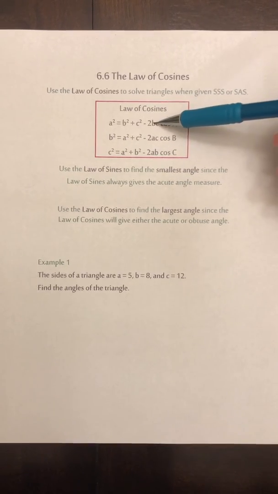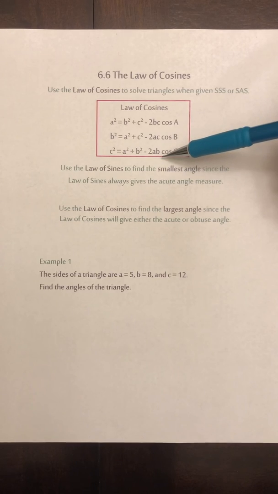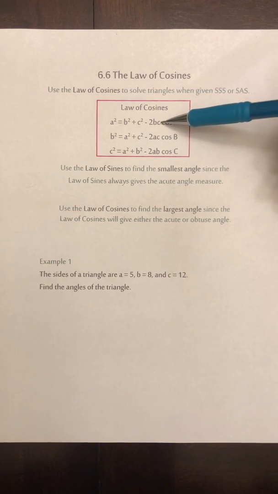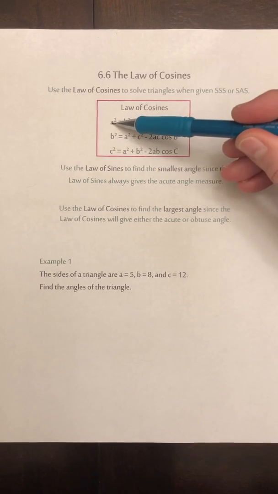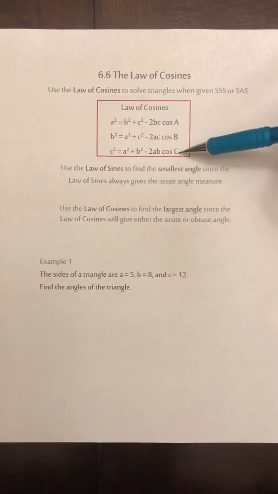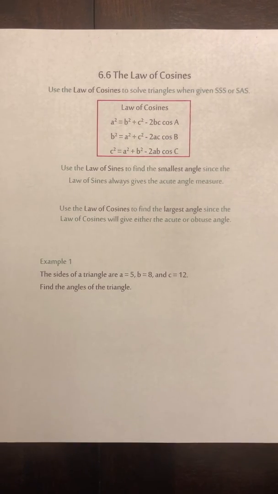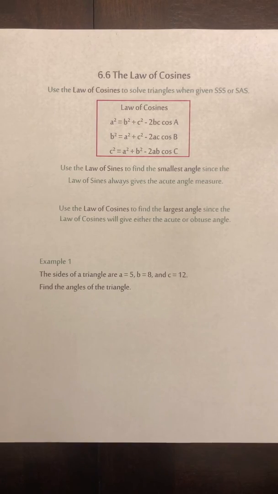For this one, it's b and c. For the next one, it was a and c. For the last one, it was a and b. And then you're multiplying that times cosine of angle A, because that's little a over here, or angle B because that's little b, or angle C because that's little c. So really, if you can just memorize one of them, it's not going to be too bad.